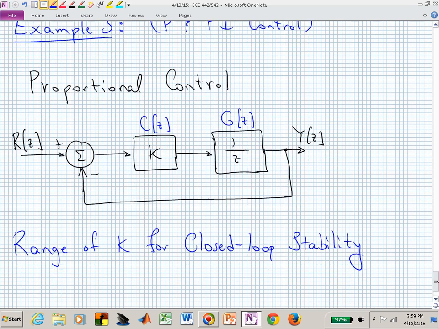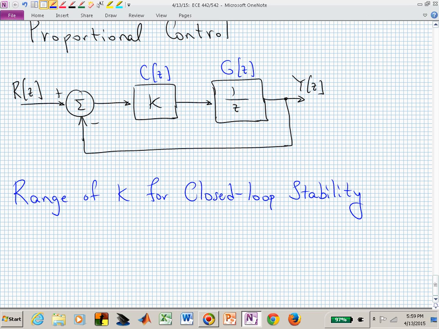So now let's look at the range of K for closed loop stability. When I start saying range of K for stability, that's sort of code talk for, he's probably wanting a root locus, and I need to figure out where those branches are relative to the unit circle so that I can maybe find a minimum and a maximum to bound my gain k.